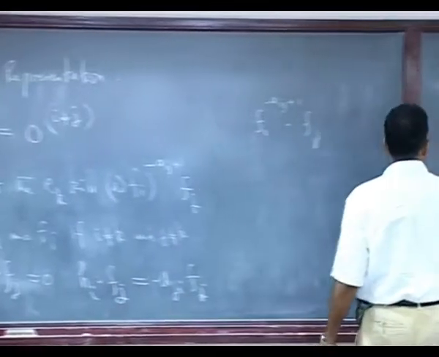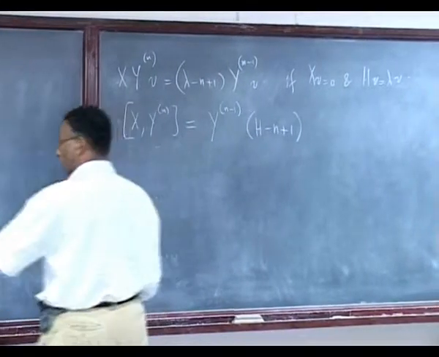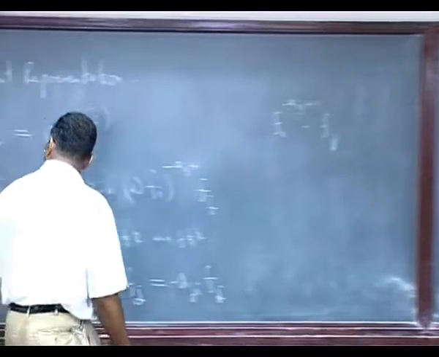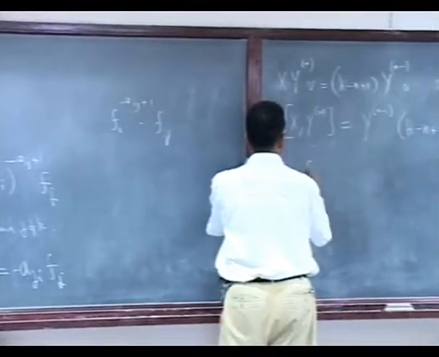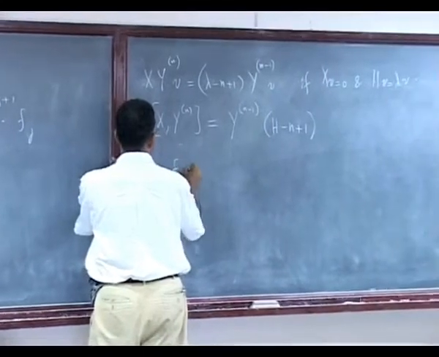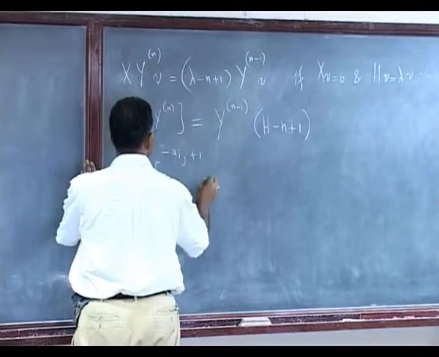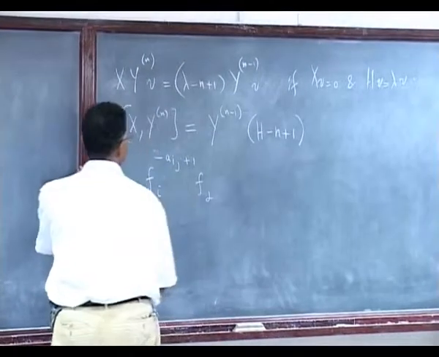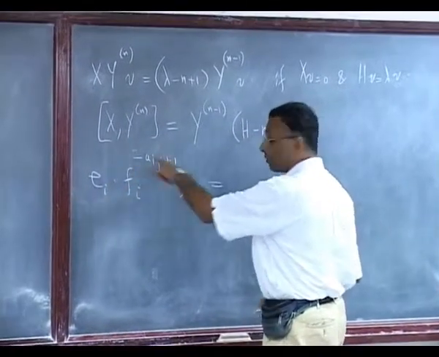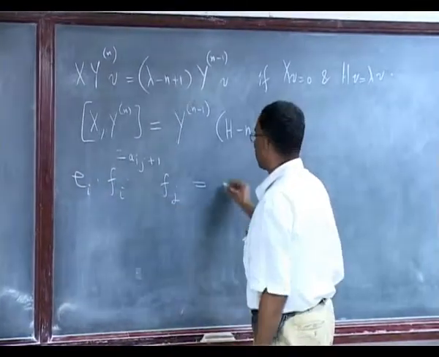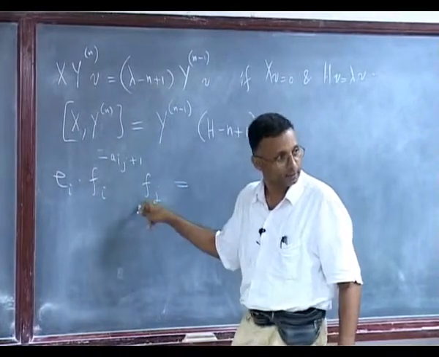So I want to compute Ei on Fi to the minus Aij plus 1 and then Fj. So I write the commutator and then push the Ei here, correct?